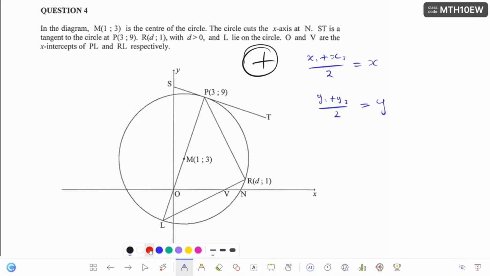Sorry. This one is the radius squared, which is 40, the one that we already calculated. Also calculate the distance between this point and this point. I think it's the cos rule to solve this one. I'm going to use the cos rule.